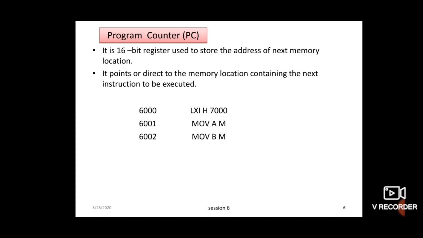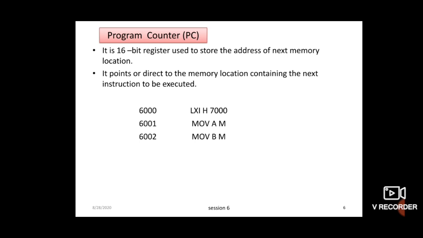Now see, what is this? 6000, then 6001, 6002. In front of 6000 is LXI H, 7000; this is the instruction. At the second location, 6001, is MOV A,M; these instructions are stored there. At 6002 is MOV B,M.